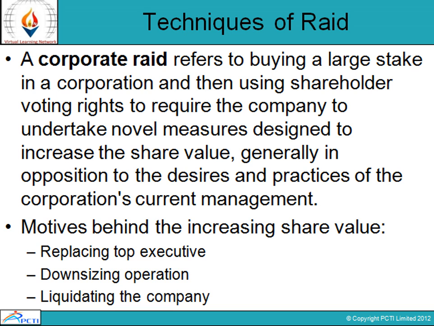Alright, it also describes a particular type of hostile takeover in which the assets of the purchased company are immediately sold off. The measures might include replacing top executives, these are the raiding techniques, or downsizing operations, or liquidating the company.